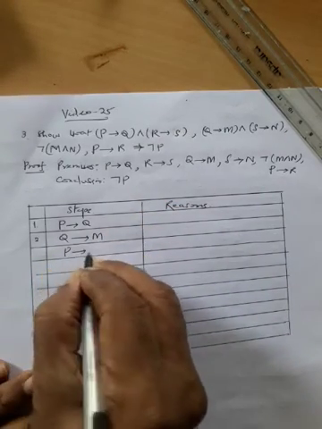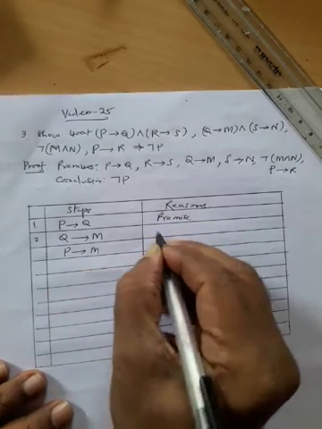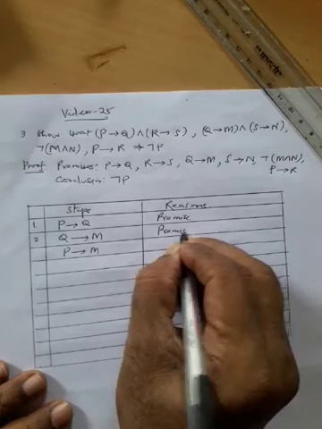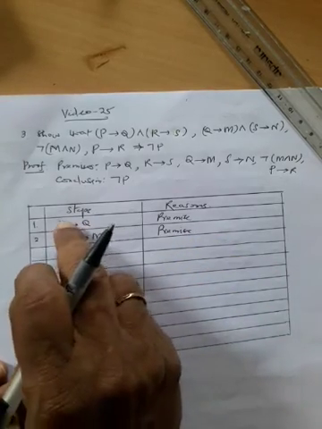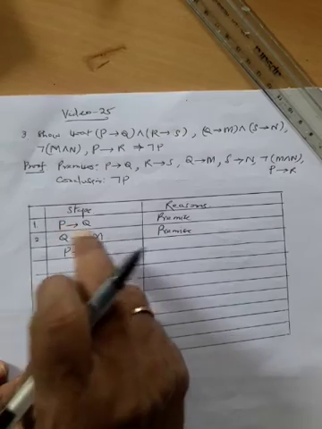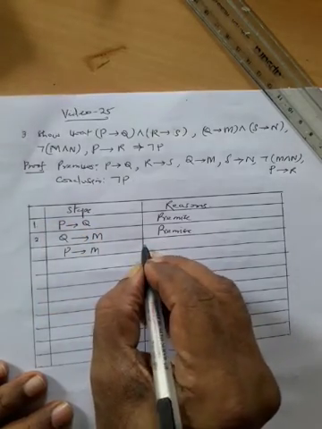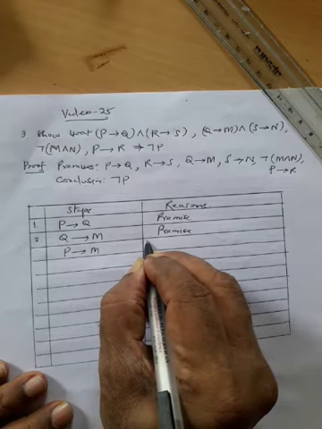So the conclusion is P to M. This is something like transitive: P is a brother of Q and Q is a brother of M, therefore P is a brother of M. This is what is known as hypothetical syllogism.